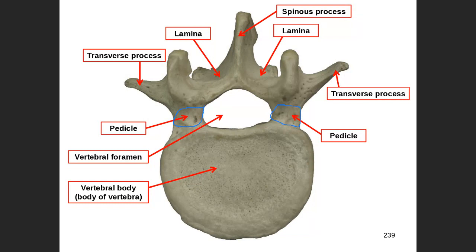So the pedicles make up the lateral boundaries of your vertebral foramen. The lamina make up the posterior boundary of the vertebral foramen, and then the backside of the vertebral body makes up the anterior boundary of the vertebral foramen.